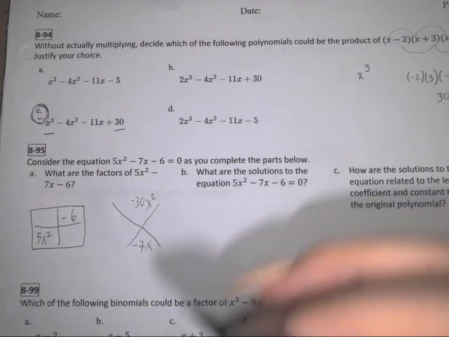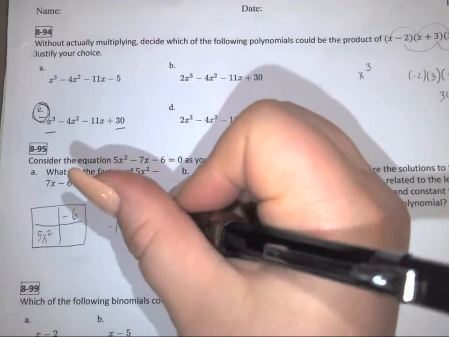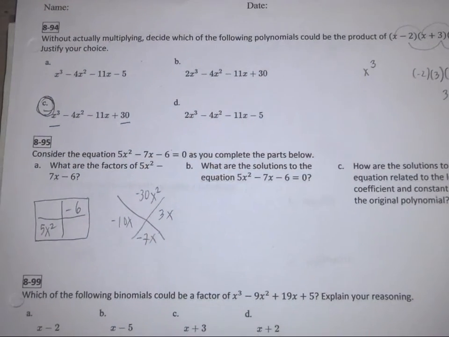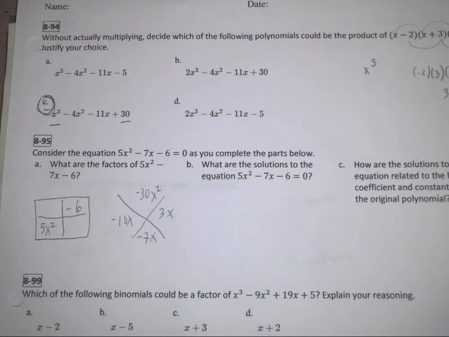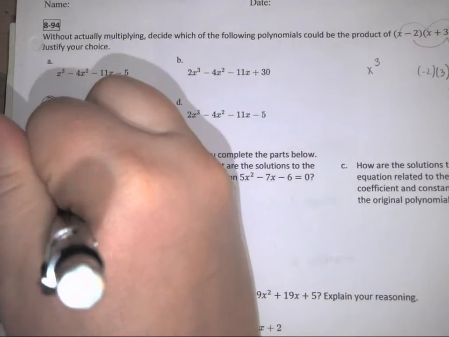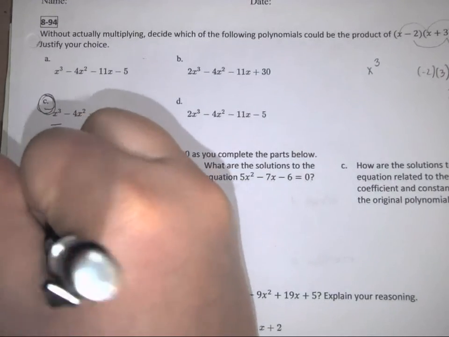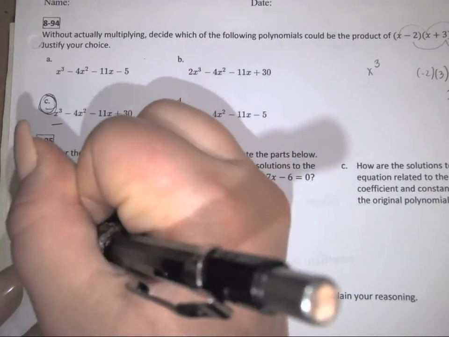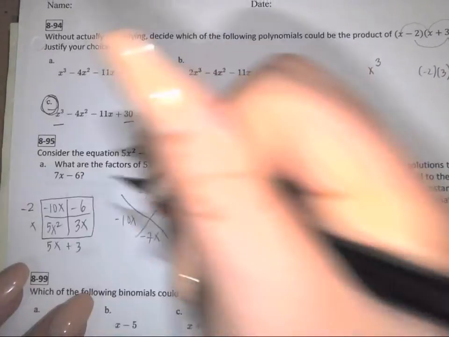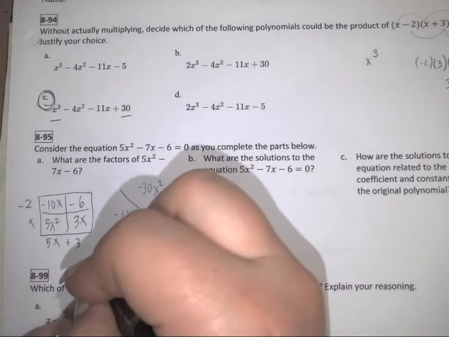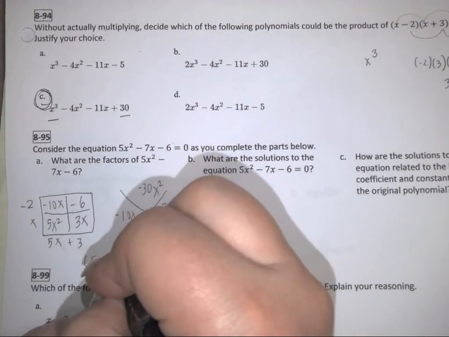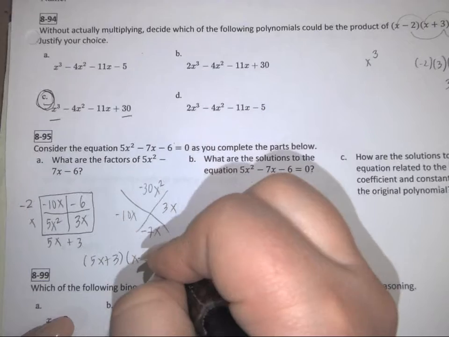So then negative 10x and 3x, they add up to negative 7x and multiply to negative 30x squared. So you put them here. So it's x, 5x plus 3, minus 2. So the factors are 5x plus 3 and x minus 2.